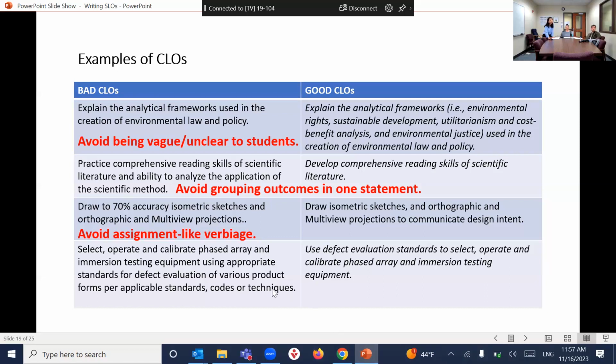But if you still want to specify, okay, I want students to do this: selecting, operating, and calibrating, right? Then what you do? You can say, use the standards to do something, blah, blah, right? So in this way, you group these related skills in one course learning outcome.